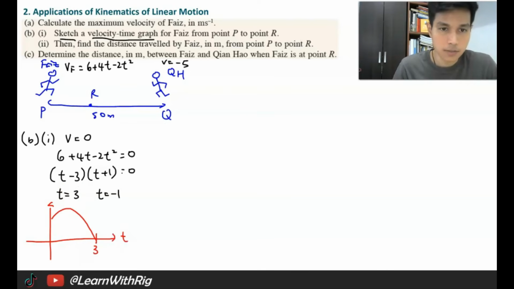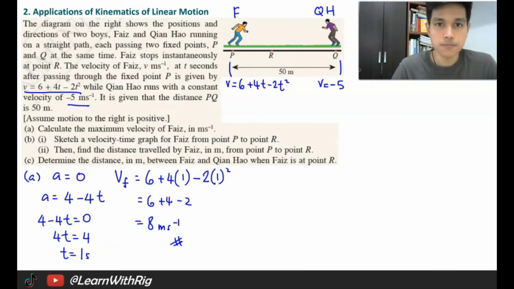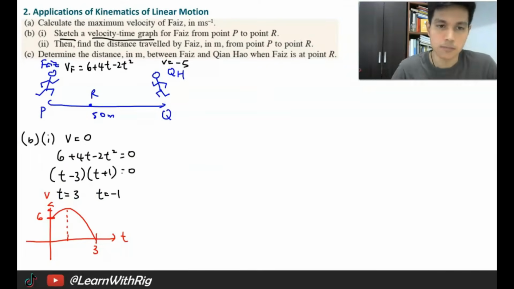Here is time, here is v. And what is your y-intercept? Y-intercept is 6. And in the previous question, you also found the maximum velocity, so you can also label it. Sorry, I keep saying maximum displacement.